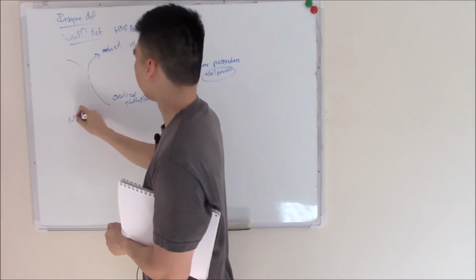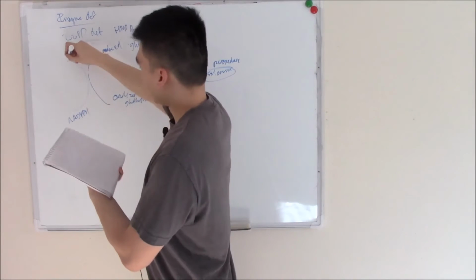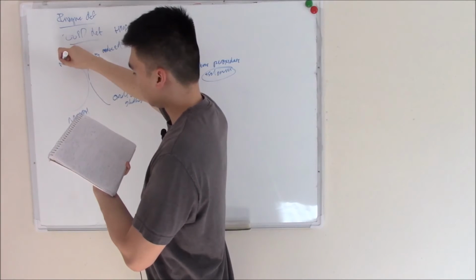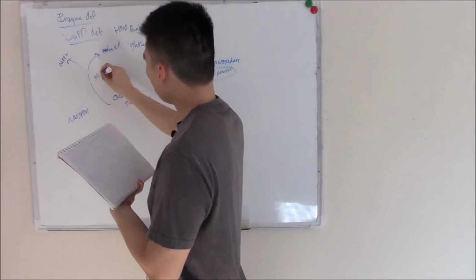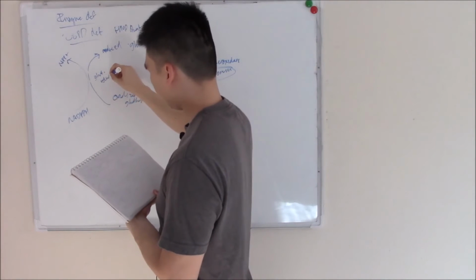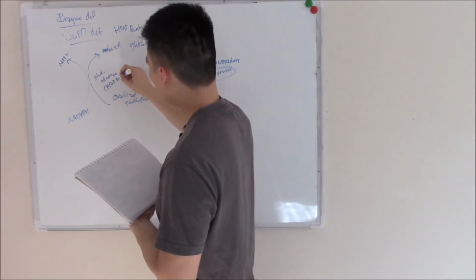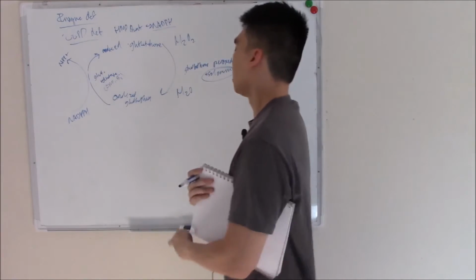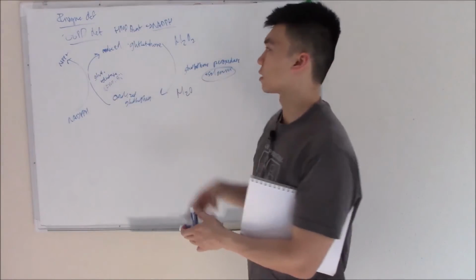NADPH turns itself into NADP with the help of the enzyme glutathione reductase and FAD, aka vitamin B2. And by doing that, you get a nice little loop and you're able to recycle glutathione.